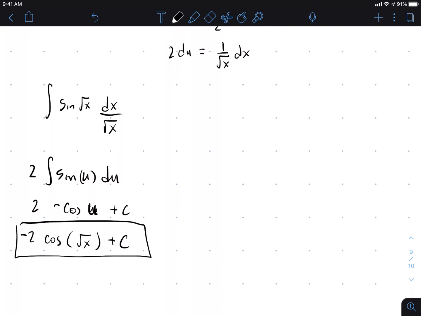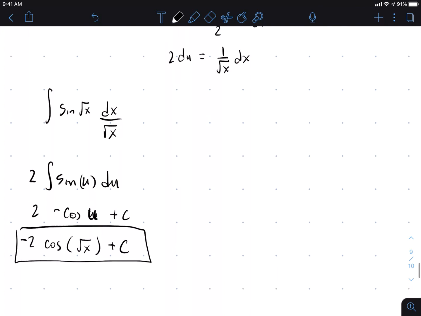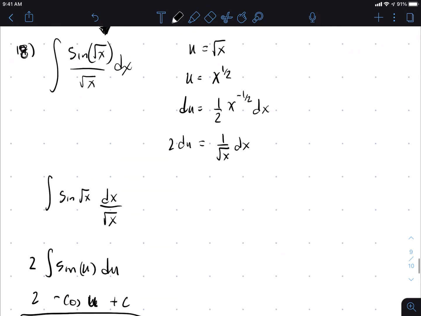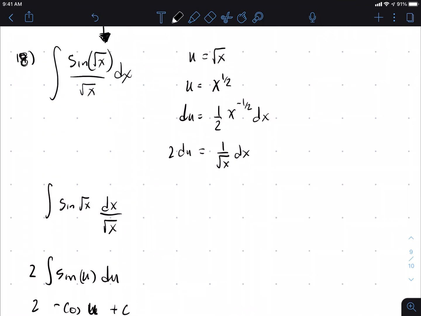Okay? Now, want me to take you down a slippery slope? One of the things you could have done here to make life really kind of crazy is if I would have said that my u here, when I take the derivative, I end up here, right?